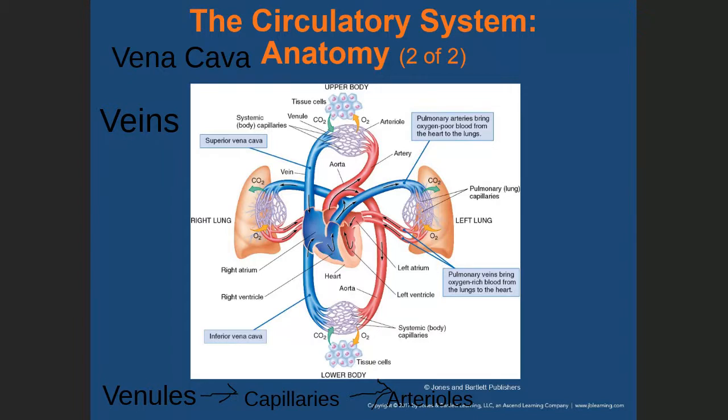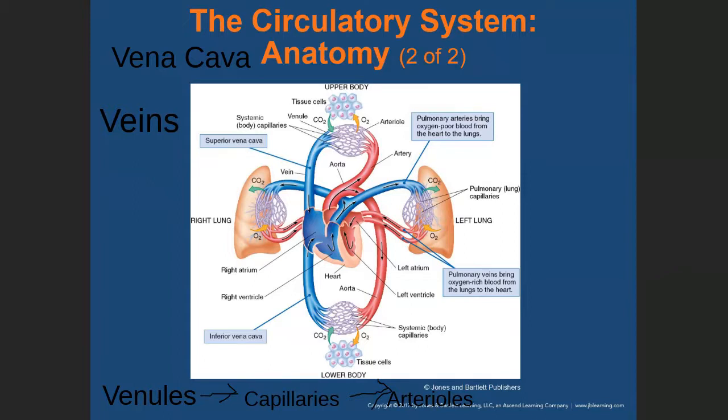So the link between the smallest vein and the smallest artery is the capillaries. The capillaries are the smallest blood vessels within the body.